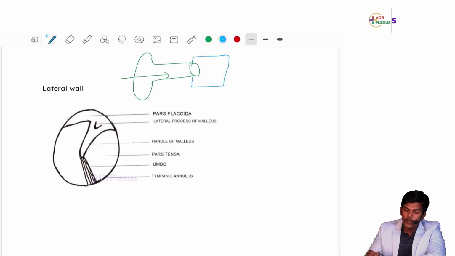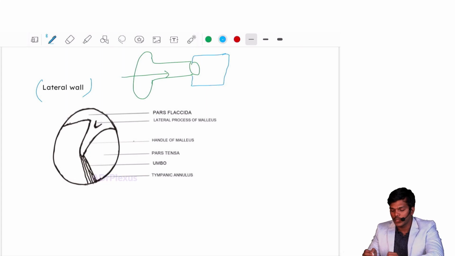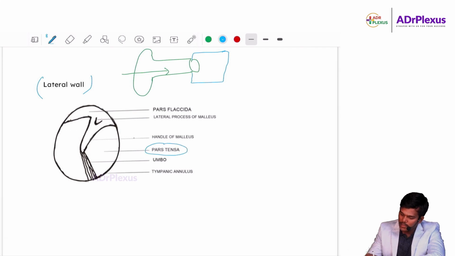So if we want to learn about the lateral wall of the middle ear, we should understand the tympanic membrane. What are the parts of the tympanic membrane? This is the pars tensa, this is the pars flaccida. There is a prominence of the malleus, that is the lateral process of the malleus, and the handle of the malleus.